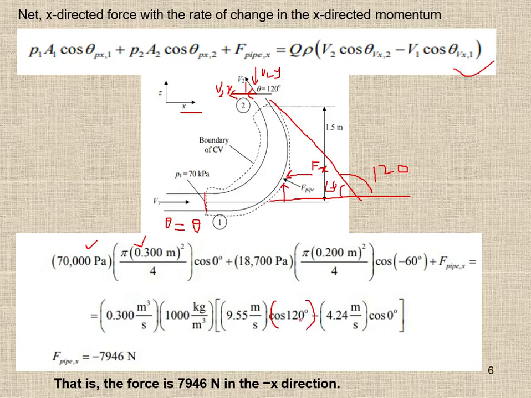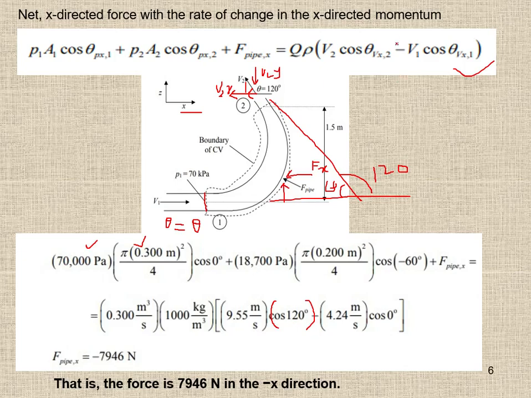Cos 120 degree is fine, but if you are taking 9.55 multiplied by cos 60 degree, you must use the minus sign because of its direction. Since they are using cos 120 degrees, automatically the minus will come, because they are making the component in this way. Then again minus from the formula.